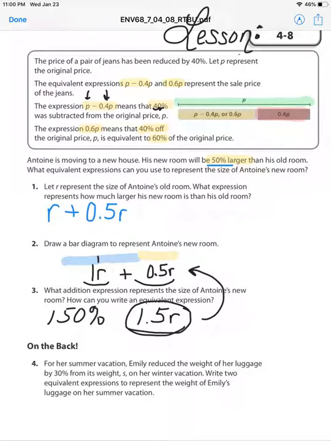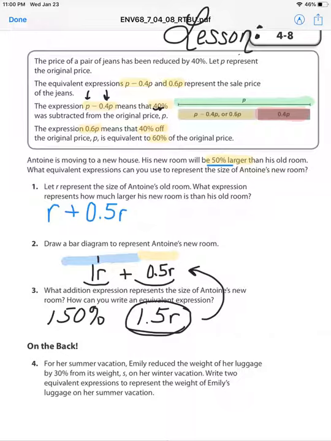And finally it says on the back. I'm going to do it right here because I can't flip this over. So, for her summer vacation, Emily reduced the weight of her luggage by 30% from its weight S on her winter vacation. Okay, we have to reduce the weight of our luggage because airlines only want them up to a certain weight. So she's reducing hers by 30%.